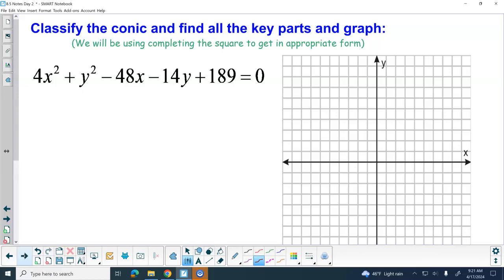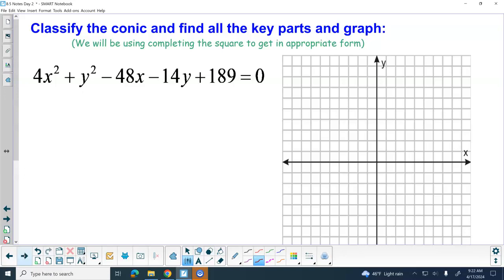So we need to get it into that point so that we can graph it and then identify the key parts. Our completing the square takes on a little different form, but now we're going to stop at that step 5.